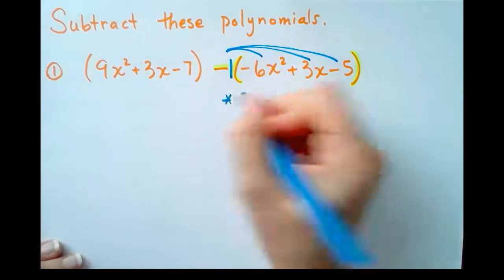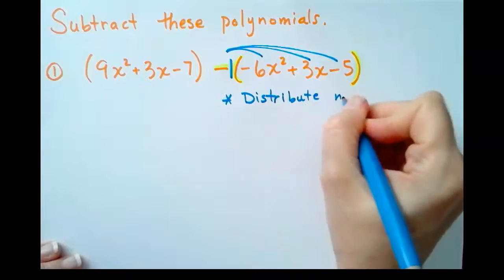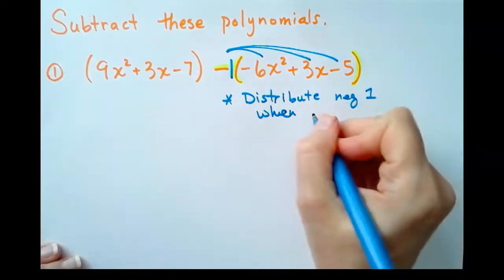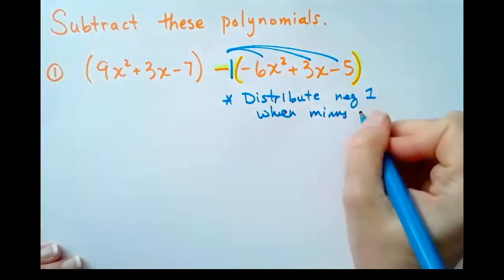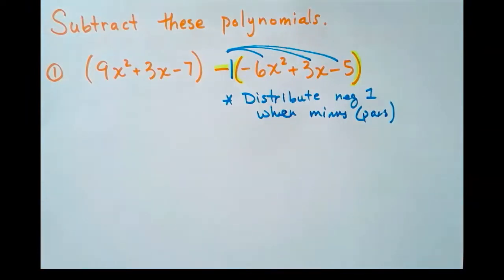So write in your notes, distribute negative 1 when we have a minus right up against our parentheses. We've got to distribute that negative 1. So basically by distributing that negative 1, I'm really following order of operations because order of operations says that we need to multiply or divide before we add or subtract.